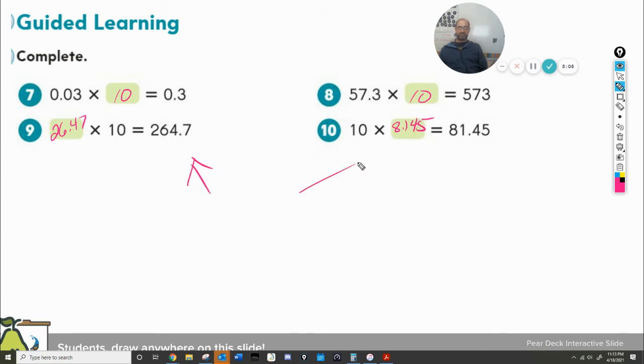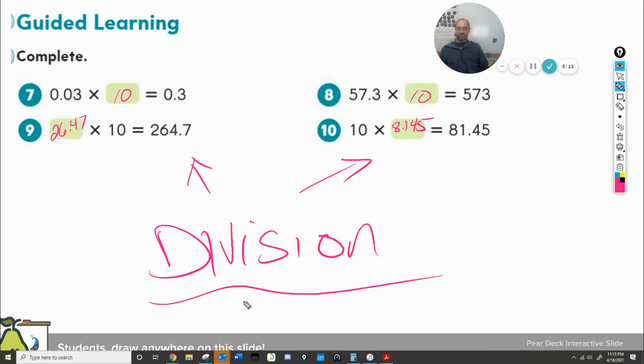By the way, those are division problems. And essentially you're dividing by 10, and when you divide by 10, did you notice you just moved the decimal one place to the left? Yeah. Preview of upcoming lessons.